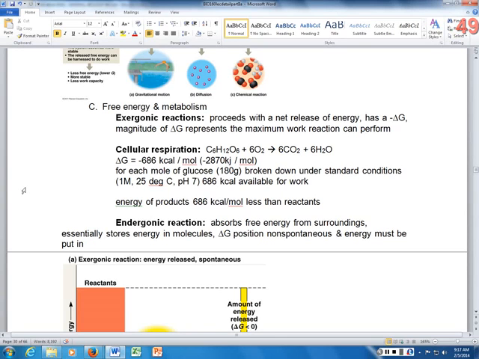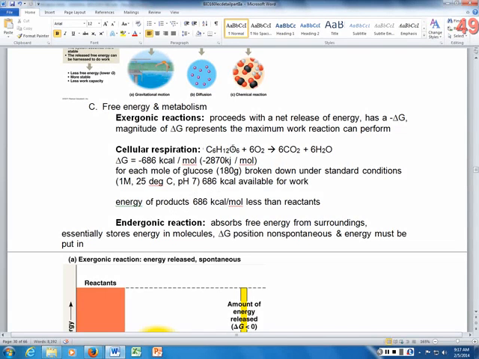So is breaking down the glucose in those cookies going to have a negative delta G or a positive delta G? It's going to have a negative delta G because it's exergonic. Yep, that's when you're breaking down and getting the energy from the cookie.